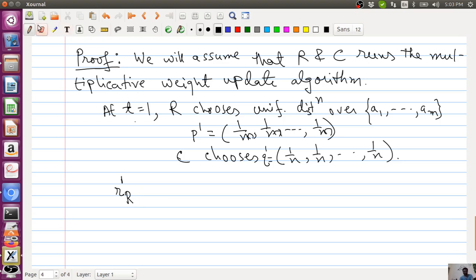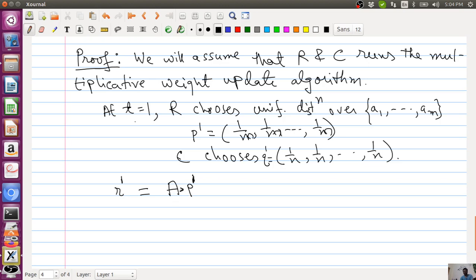So let me omit this subscript capital R, and this reward function is understood to be the one for the row player. So R of 1 is A times Q1.